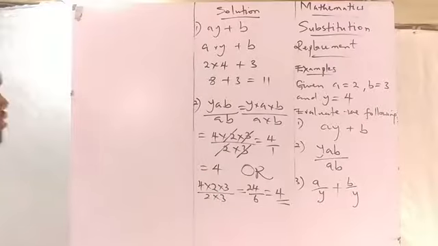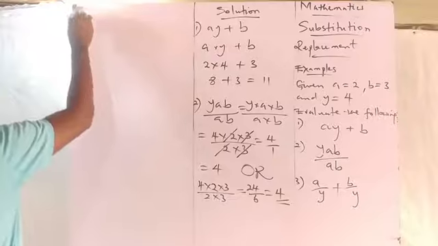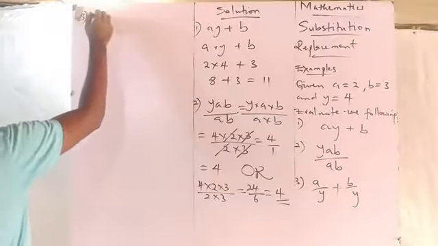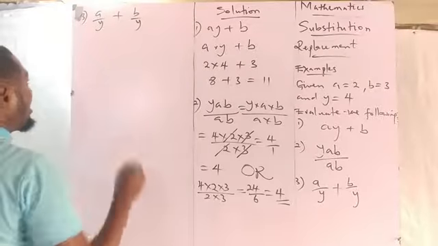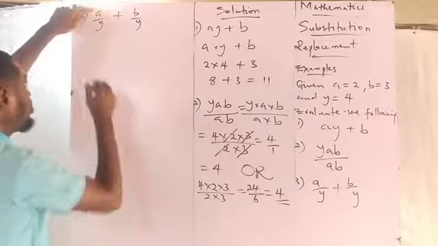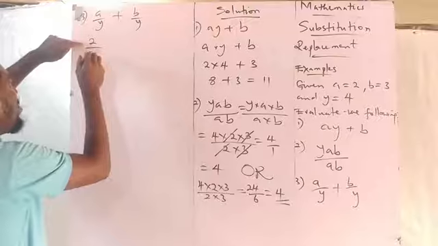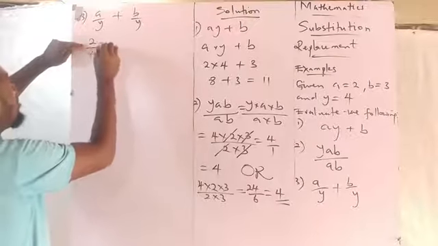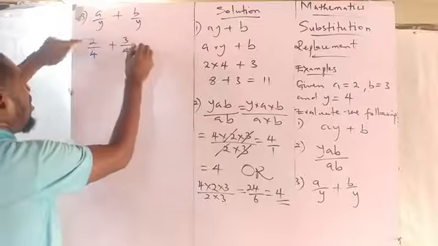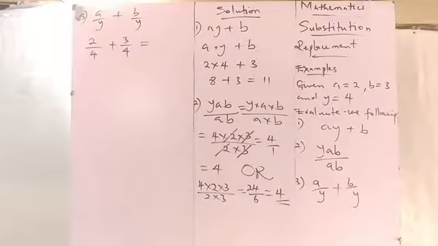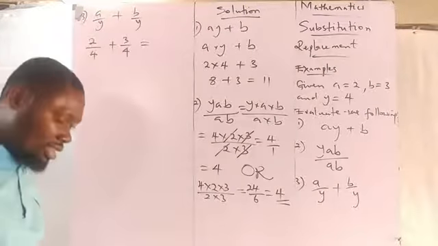Then for number 3, what was given was A over Y plus B over Y. My A is 2, so you write 2 over Y, which is 4, plus my B, which is 3, over 4. These are two fractions with the same denominators.